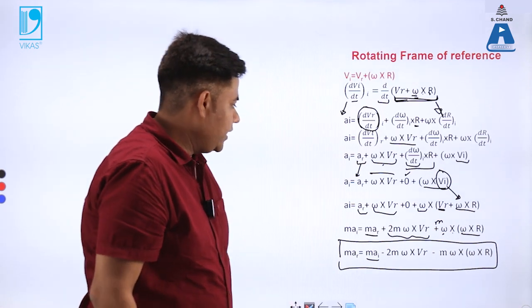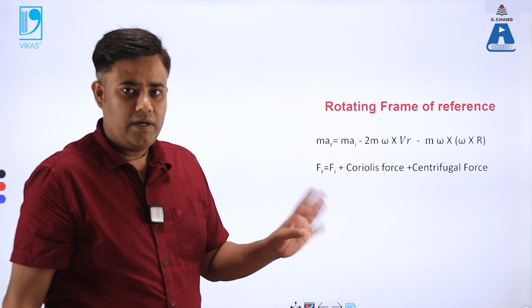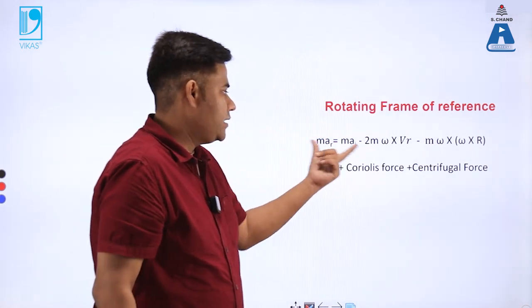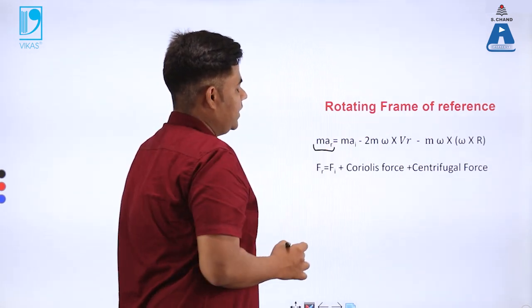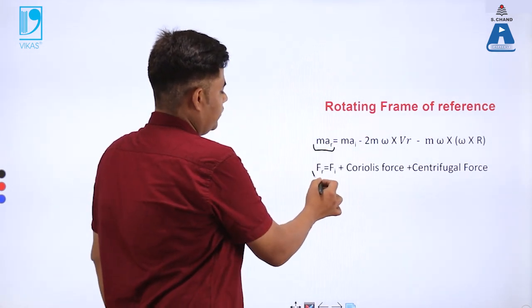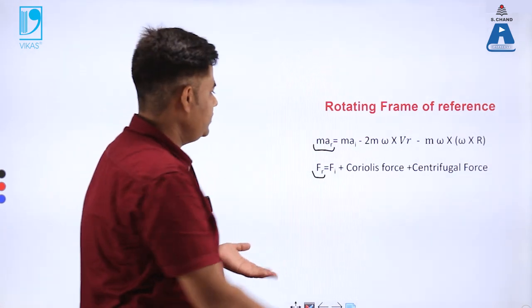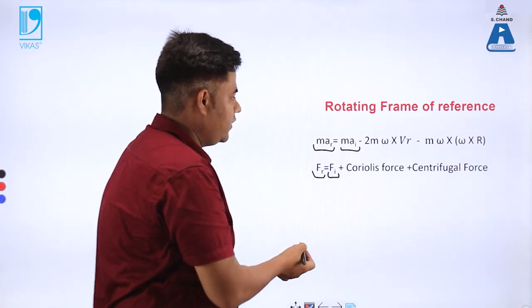So this would be the final expression that I was talking about in the initial part of the video, and this particular expression has certain components of the forces. This mass multiplied by the acceleration is termed as the force which is due to the rotating frame of reference, m into a_i, the force which is due to the inertial frame of reference.